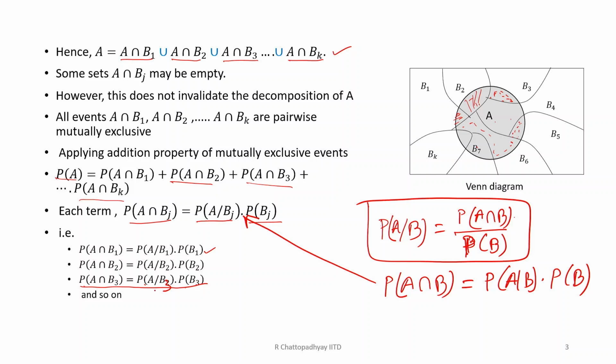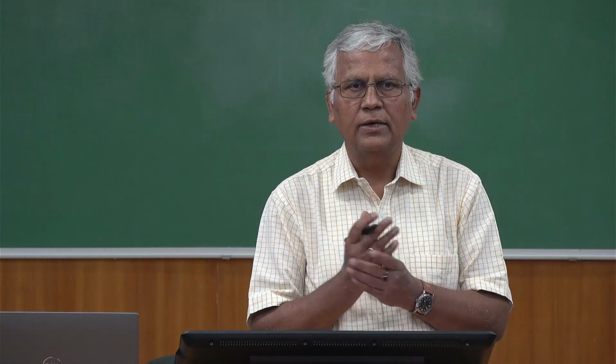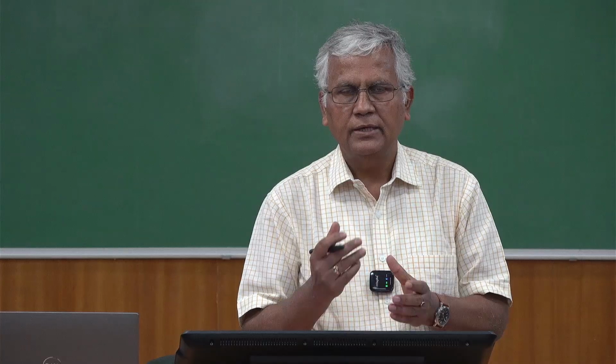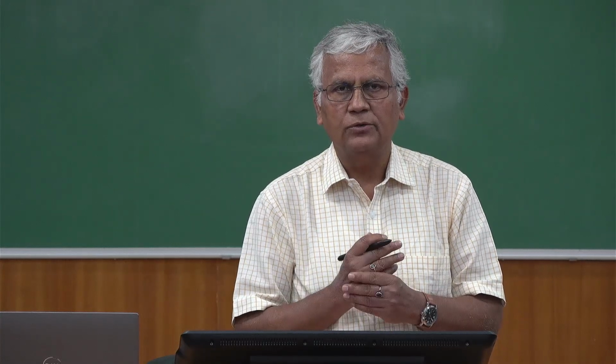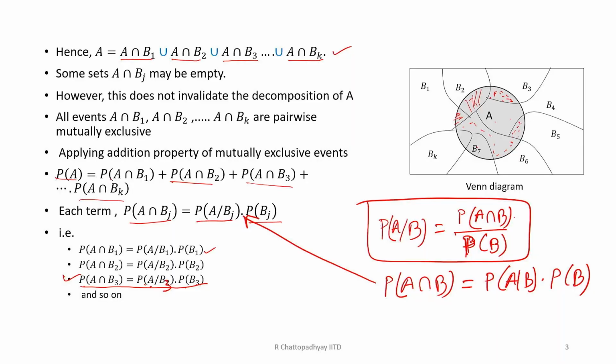The multiplication of these two probabilities will give you P(A intersection B3), that is, the probability that A and B3 have simultaneously occurred. Intersection means that both of them are present together. So each term I can write like this.